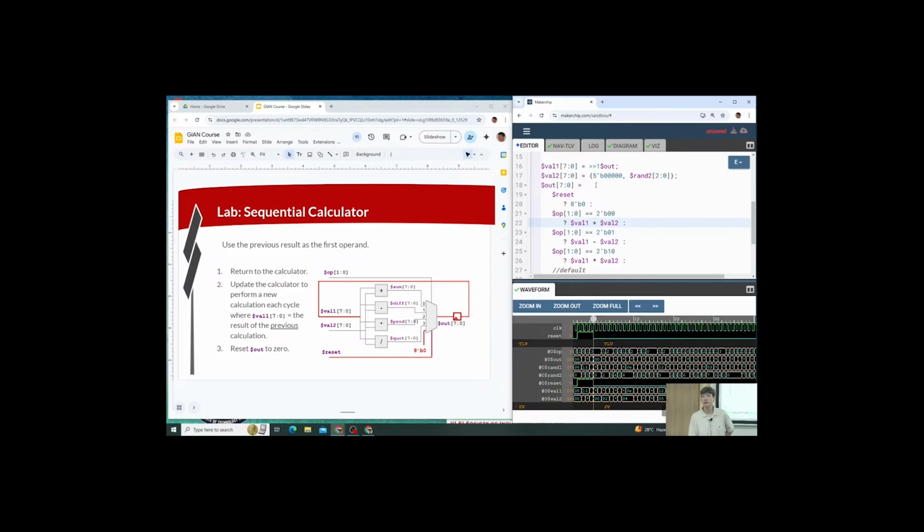Yeah. Now it's a 5-to-1. How is it possible to have a 5-to-1 multiplexer? Why shouldn't you be able to have a 5-to-1 multiplexer?